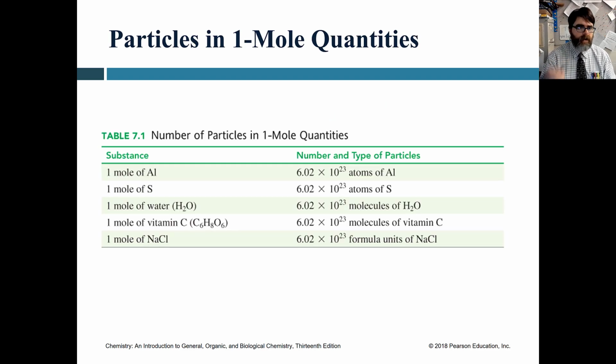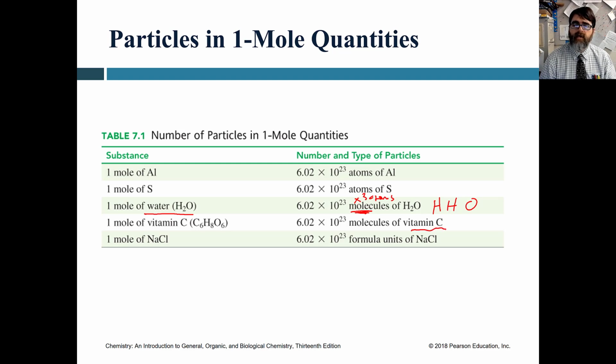However, when you have 1 mole of water, it's 6.02 times 10 to the 23 molecules of water. And what that means is that there's actually 2 H's and an O, so if we wanted to get to individual atoms, there's actually 3 times as many atoms of H2O.